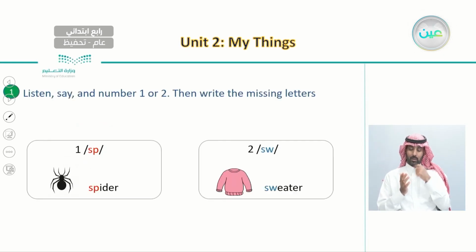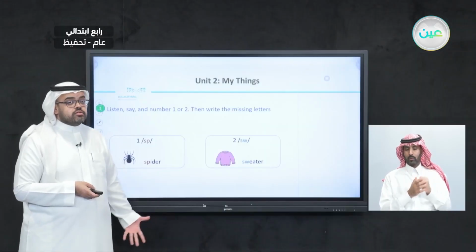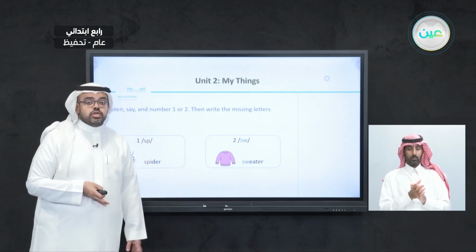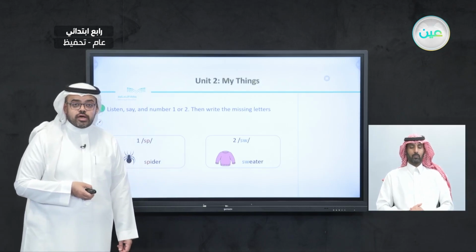Now, on page 16, the first thing is that we're going to listen, say a number 1 or 2, and then write the missing letter. So here we have two sounds that start with S. Let's get to know these sounds, and after this, we can answer a couple of questions about each of them.